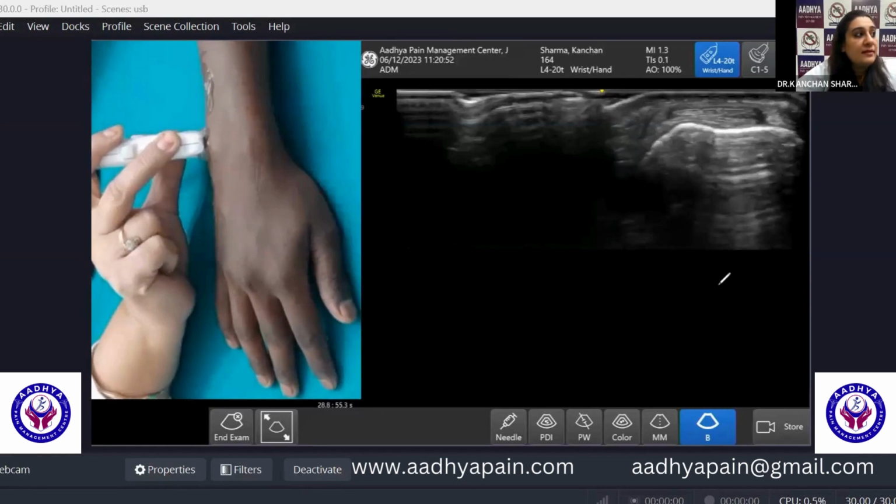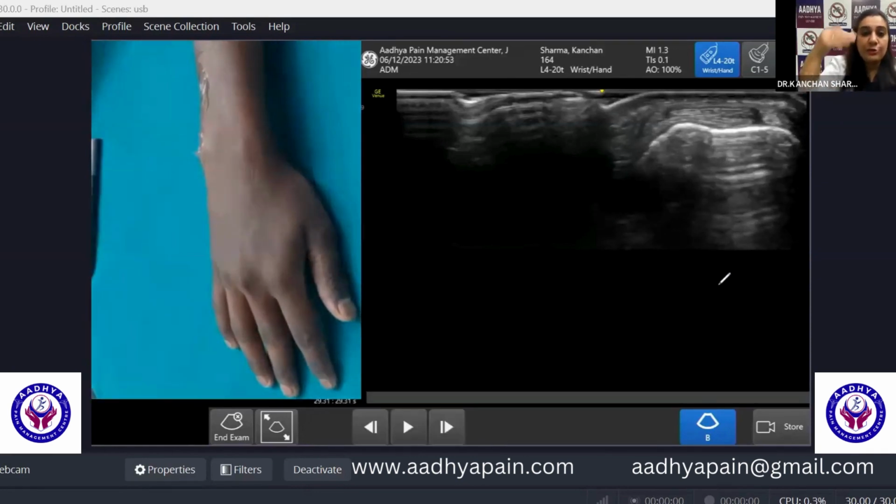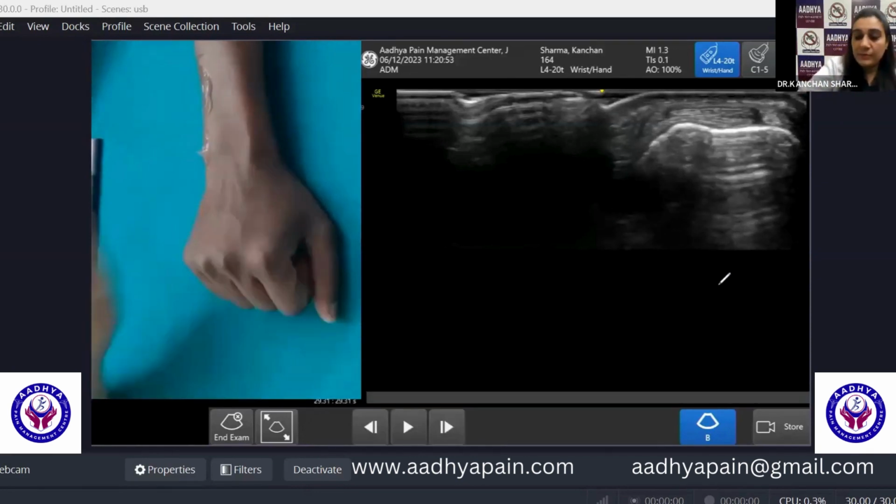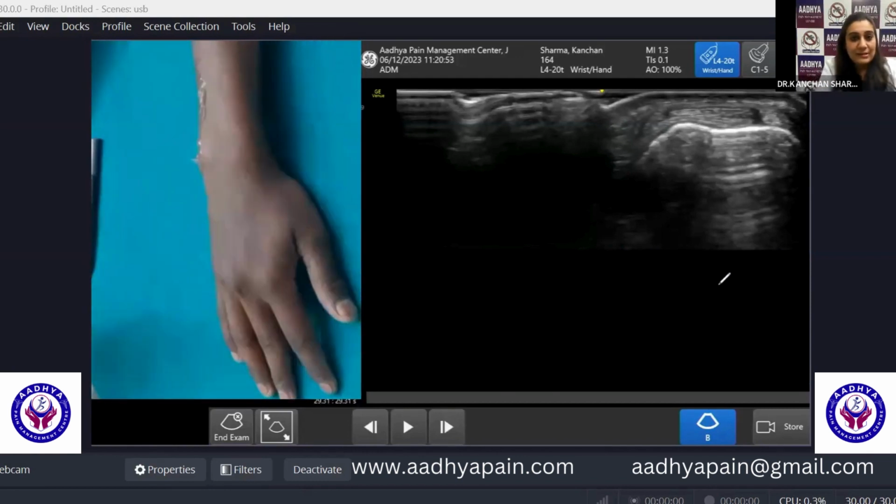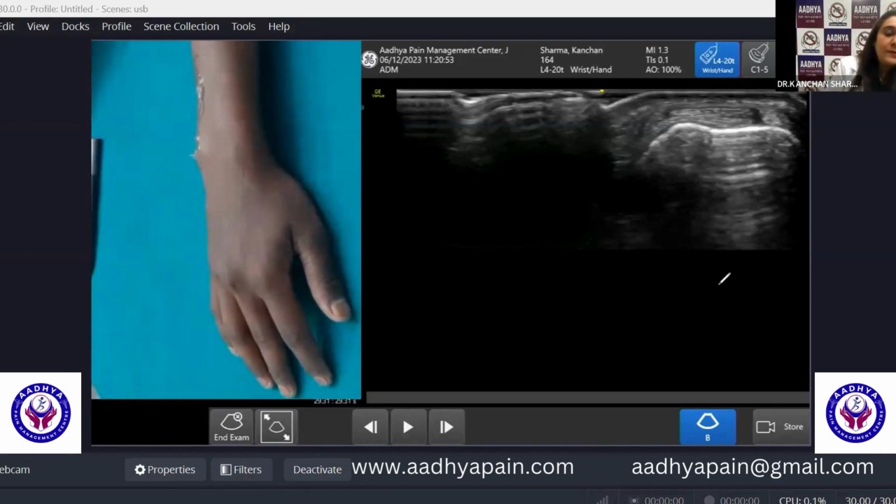So that is another way of identifying: you follow the muscle from the proximal, and this muscle becomes the tendon, and you follow till it becomes tendinous and lies in a groove which is there on the ulna, right? So this is how you identify all the six compartments of your dorsal wrist.